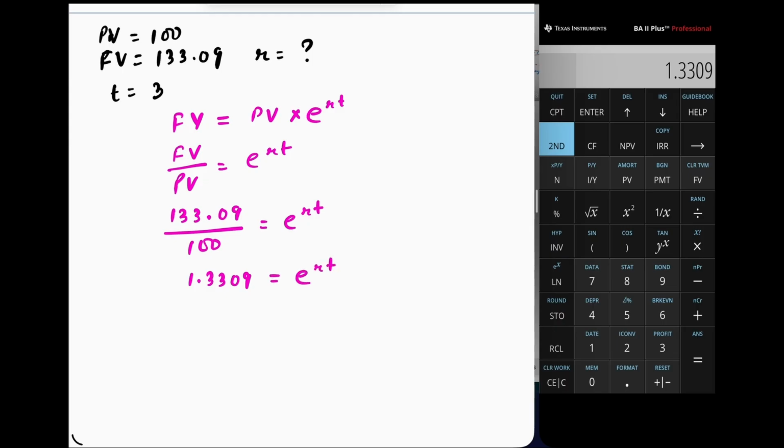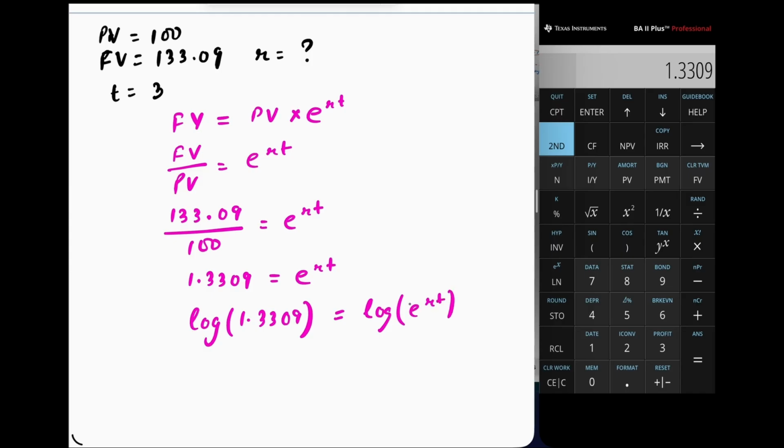So I told you above that if you want to cancel e, which is a real number, you have to bring in log. Okay. So if I bring log, it will be something like this. And if I bring this log here, it will not go up, but it will remain here.